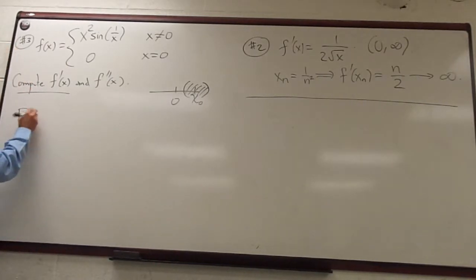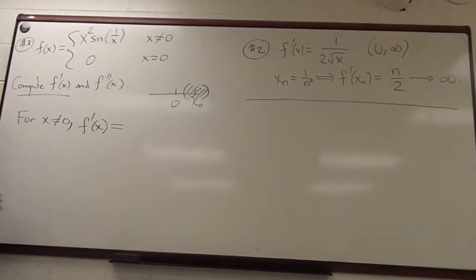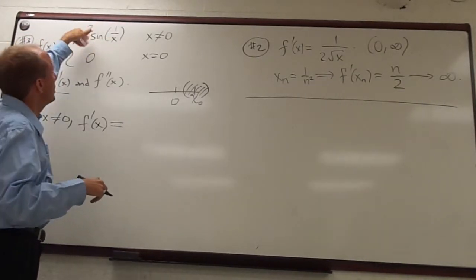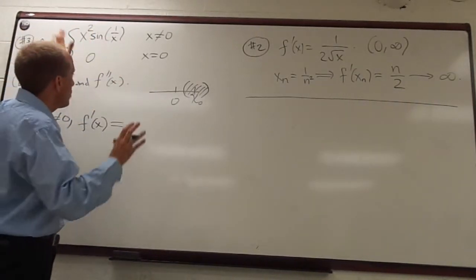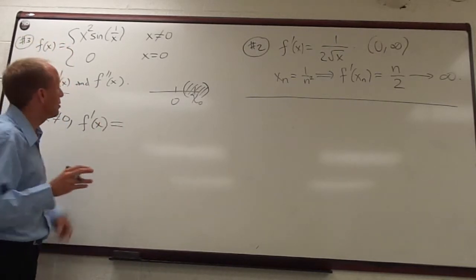So for x not 0, f prime of x, I'm just going to use, in the problem class yesterday I broke it down and did the quotient rule and then the chain rule and all that. Let's be a little quicker today because it dragged on too long.